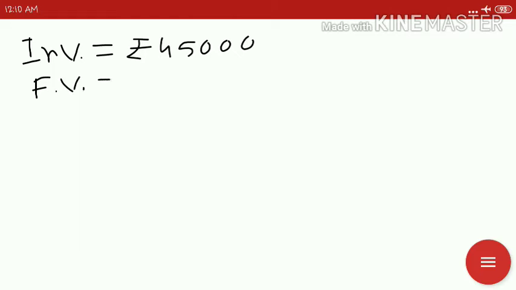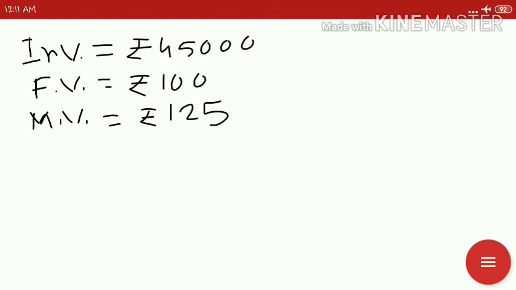Now from the given question we have collected the data: investment, that is rupees 45,000, the face value, that was rupees 100, and the market value at the time when he bought the shares, it was 125, and the rate, that is 15%.